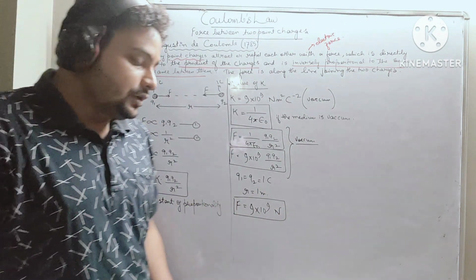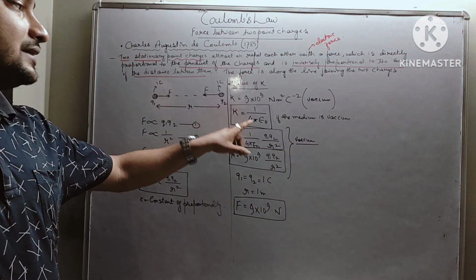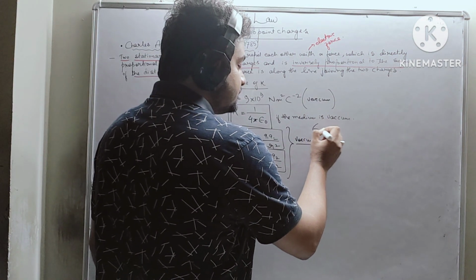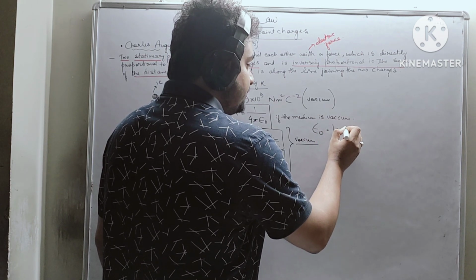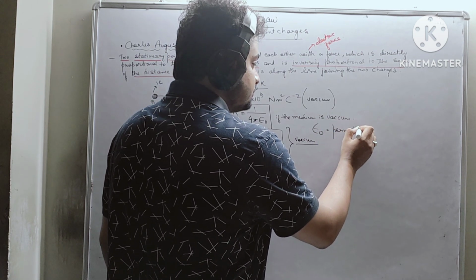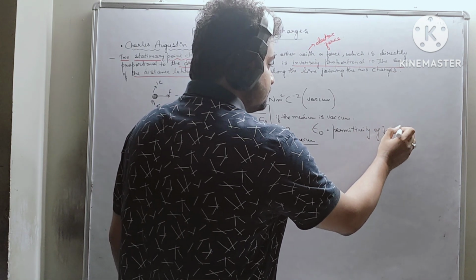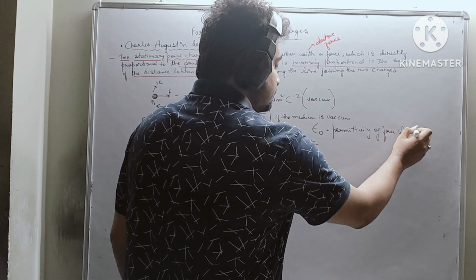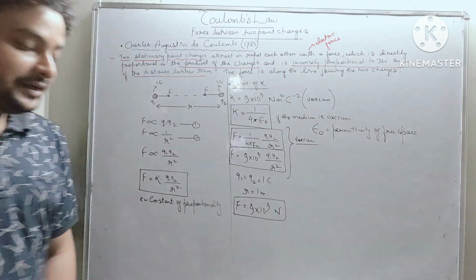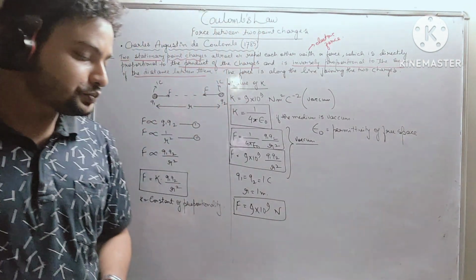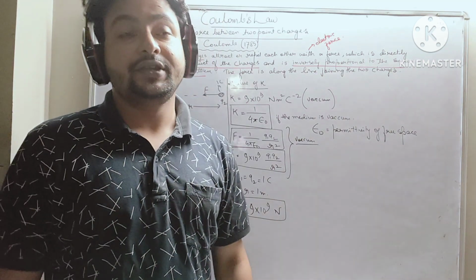Now let's discuss this epsilon naught. As I told you, epsilon naught is known as the permittivity of free space.